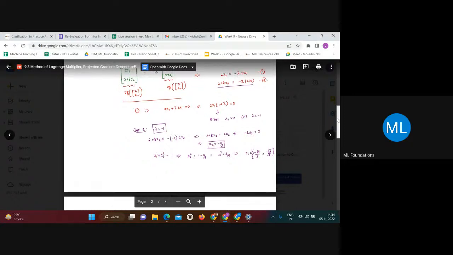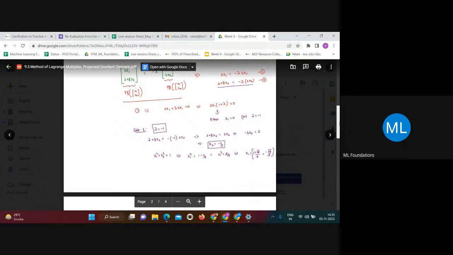If you are getting more than one value, you need to check for the constraint also, whether the constraint is satisfied or not. Then you need to put the values in the function to get the function's value, f of x, and whichever is the minimum will be the correct one if you're solving for the minimum.